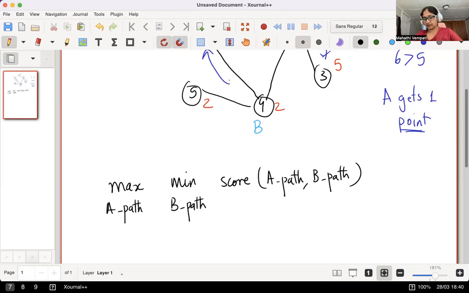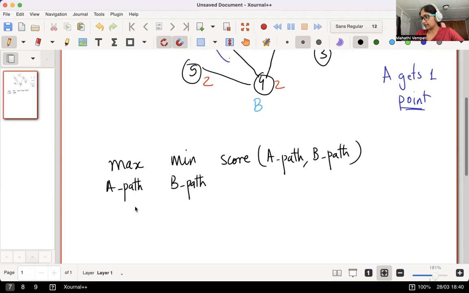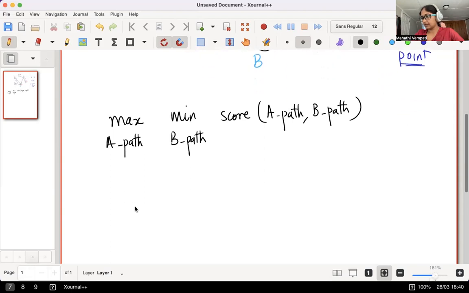I was discussing this with a friend, Pratik Sani, and his Discord will be in the description. You might be tempted to do something like this, which is basically take all pairs of paths, and for each A path, find what B will do, and then find what A will do.